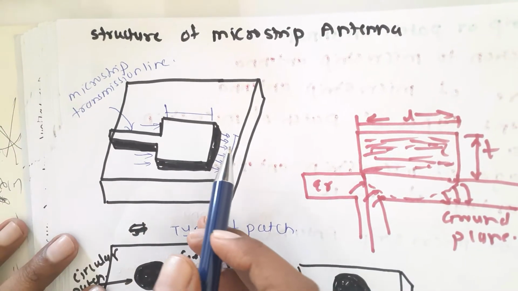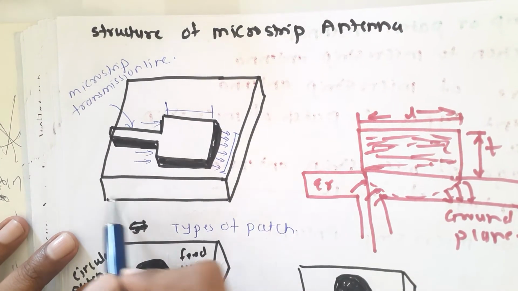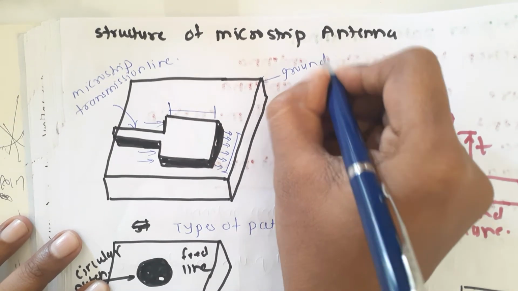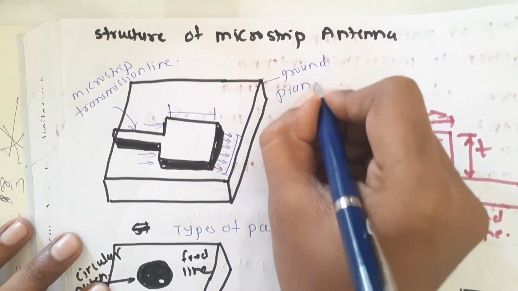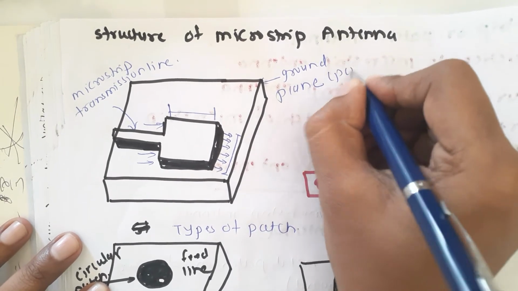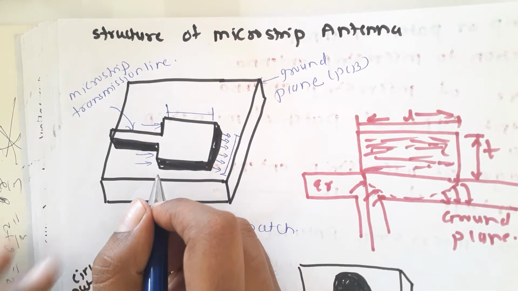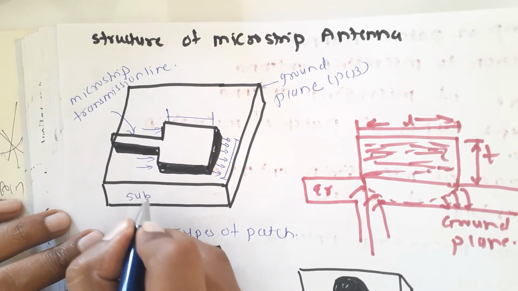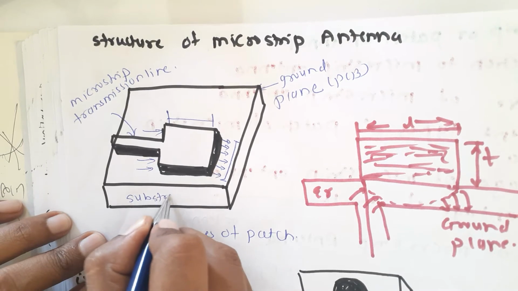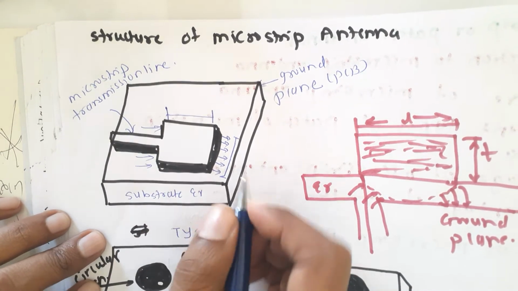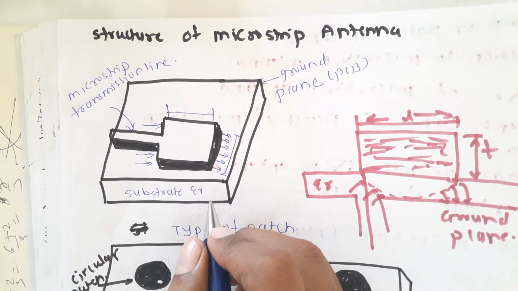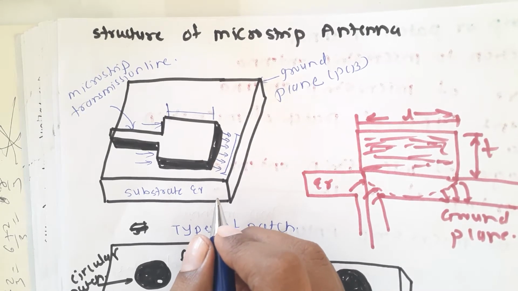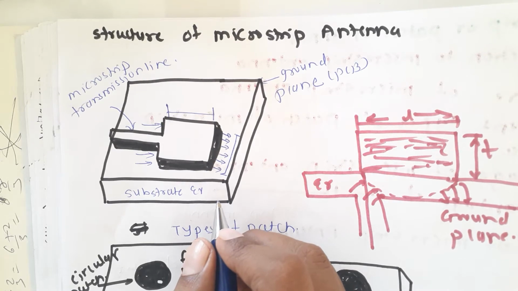So in the structure of microstrip antenna, you will see this is a ground plane, or we will call this a PCB, that is a printed circuit board. It has some substrate, that is epsilon r, the relative permittivity, and epsilon 0, the absolute permittivity.